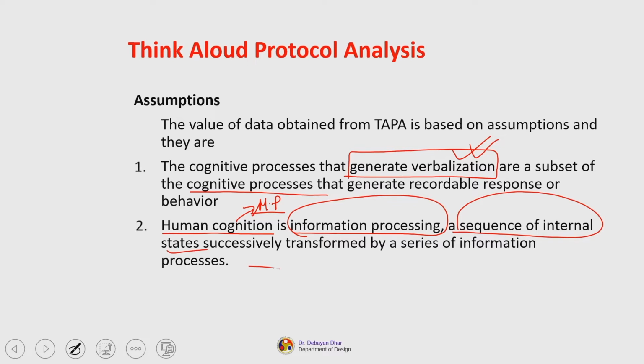So, there are steps of internal states in this processing phase, wherein data is successively transformed by a series of information processes. That is the main aspect of human cognition and the mental processes that we would be discussing.